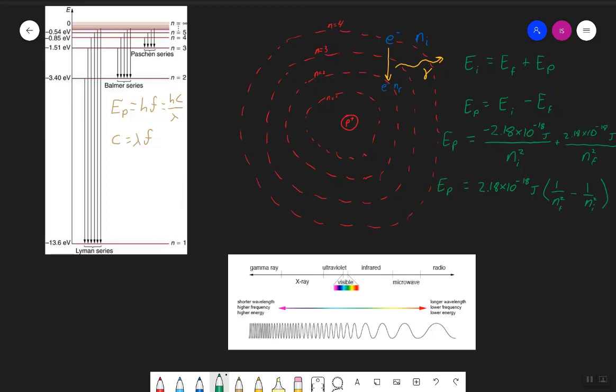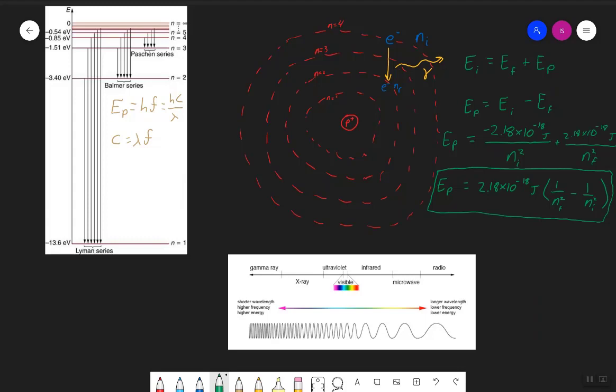Now if we transition from some n initial to n final, we just have to plug it into this equation, and that's the amount of energy the photon releases. Again, we could write this 2.18 times 10 to the negative 18th also in electron volts, which, as we see in this diagram here, is negative 13.6 electron volts.